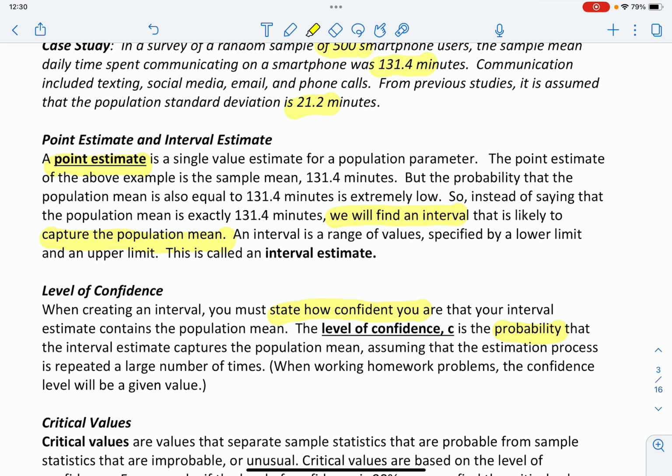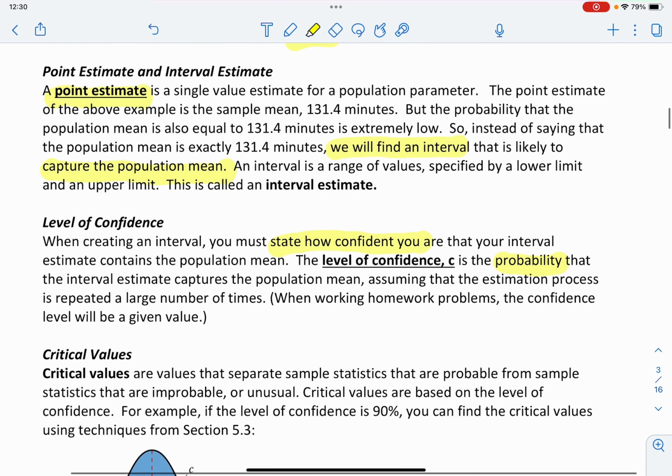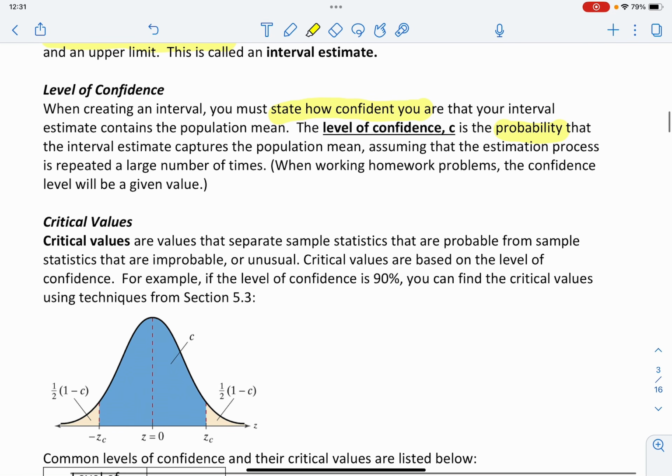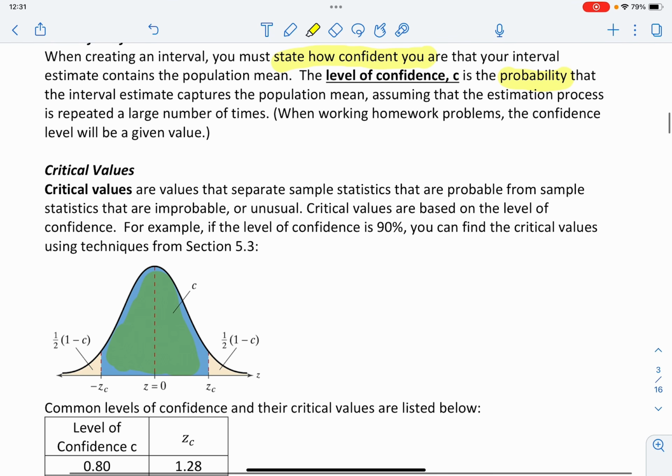Now, based on a level of confidence, you're going to find a critical value, which is a z-score. It's a z-score that is associated with that level of confidence. The level of confidence is really just the area under the standard normal distribution between two z-scores, right? So for example, if this is 90%, then I can find my critical values using methods that we used in section 5.3.